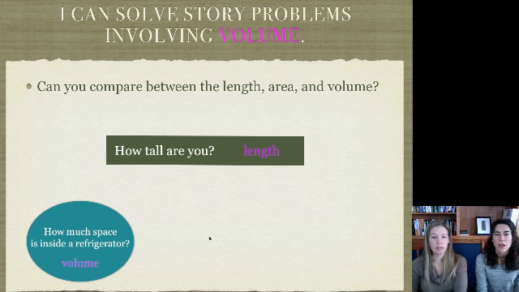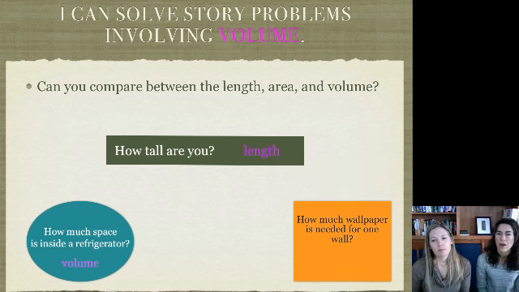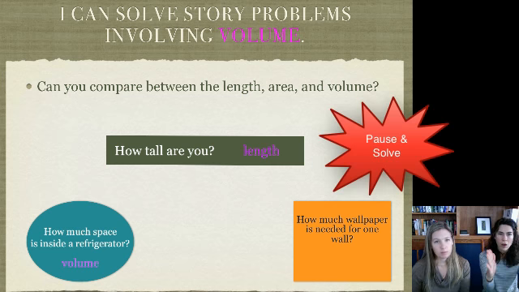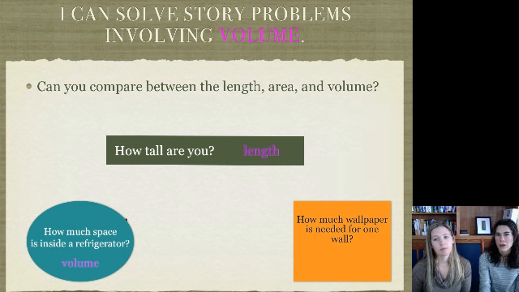And last one, how much wallpaper is needed for one wall. If you just wanted to cover up one wall, what would you want to use to figure that out? You should be thinking area. The length and the width, or probably length and height, of the wall would fill in the area.